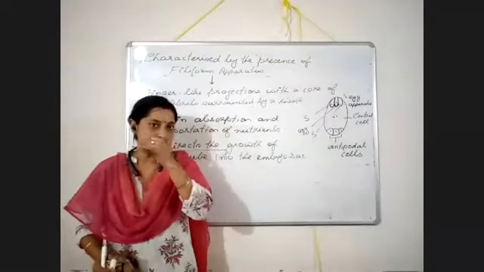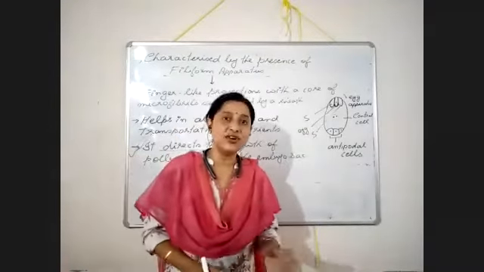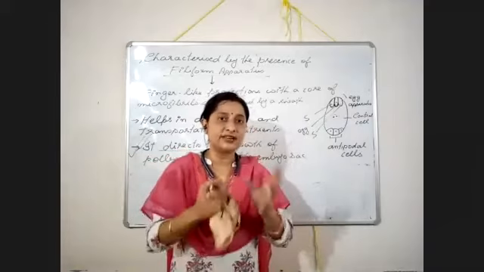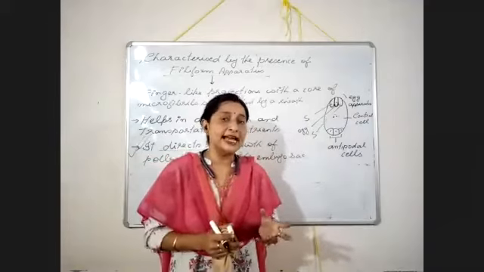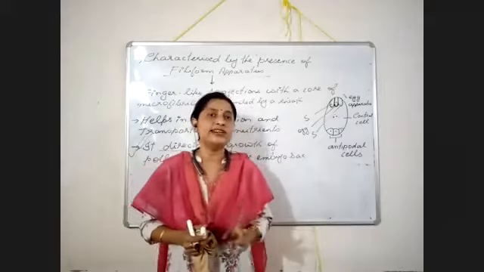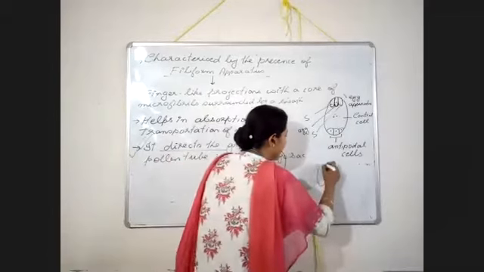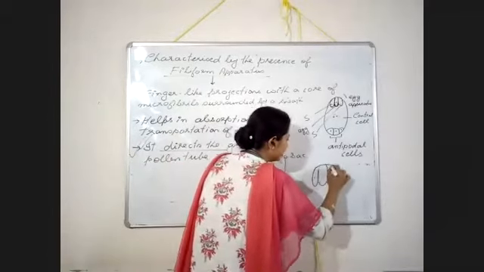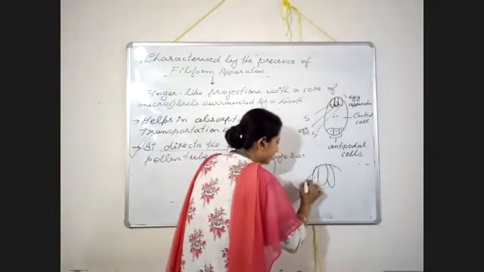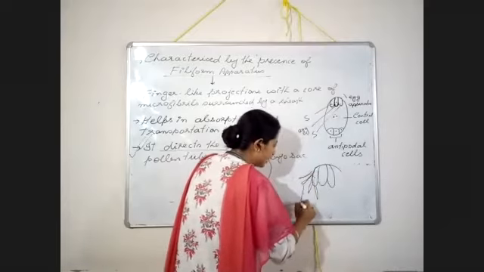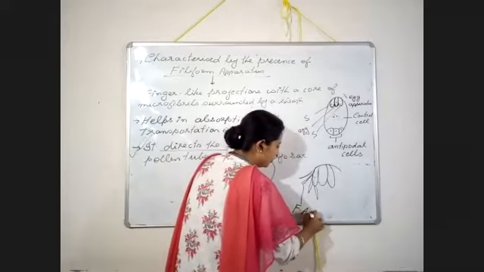What we are discussing is the synergid cells. How many synergid cells are present? There are two synergid cells that surround the egg cell. Suppose this is the egg and this one is a synergid. In the synergid, finger-like projections develop, and these are called the filiform apparatus.